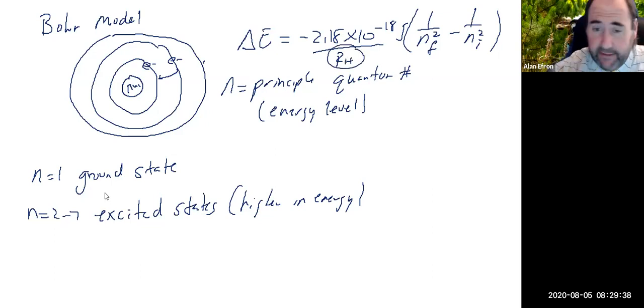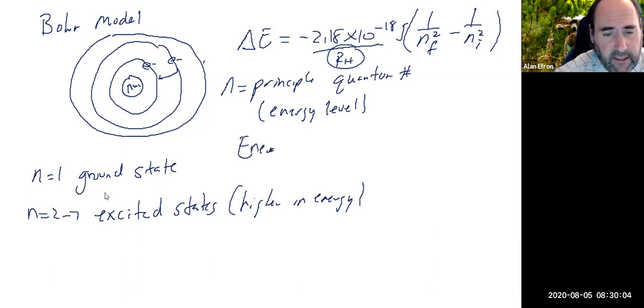So we could use this to calculate the energy associated with an electron transitioning, for example, from the first energy level to the second, maybe the third energy level to the first, and so forth. And when we talk about these electrons transitioning, we talk a little bit about energy. We don't usually talk a lot about energy in this semester.